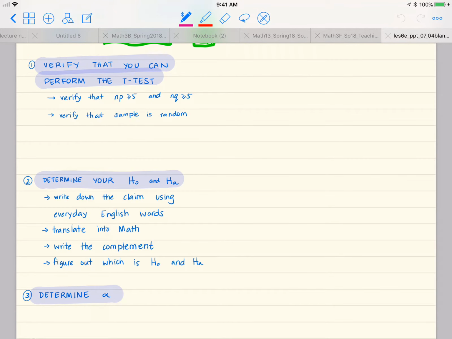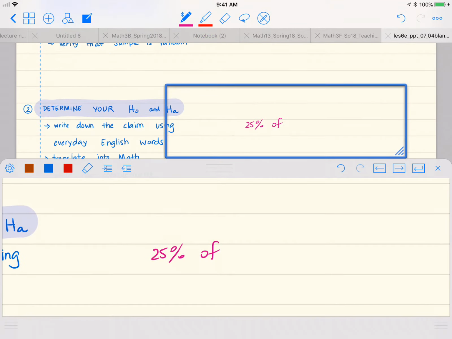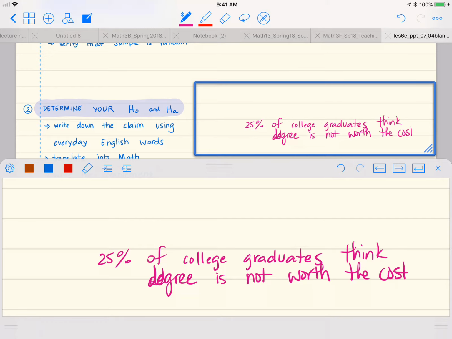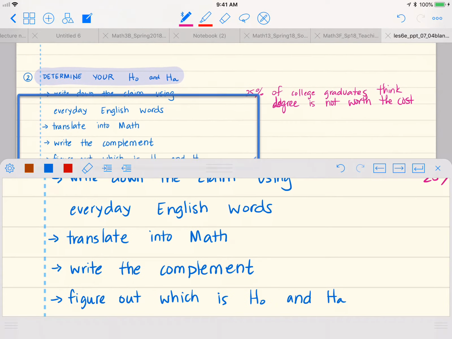What is the claim? 25% of college graduates think a degree is not worth the cost. Okay, how do I translate that into math?